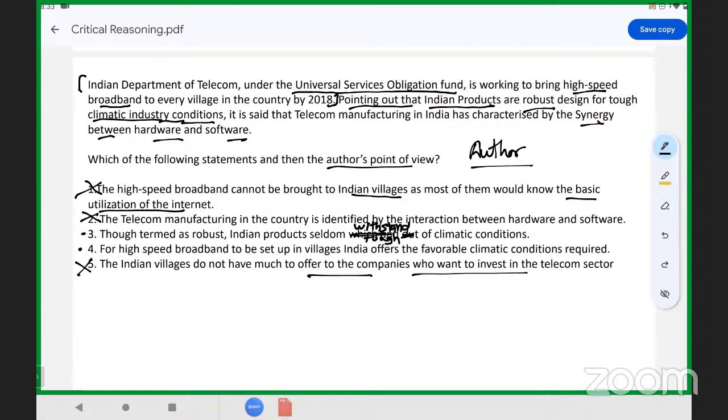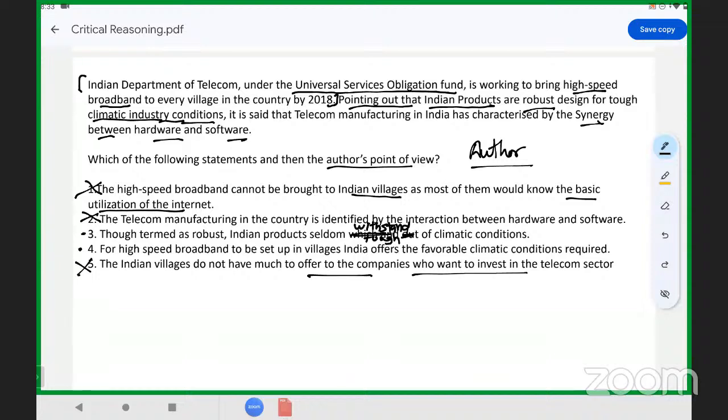Now we have point number three and four. Let us talk about: though termed as robust, Indian products seldom withstand climatic conditions.